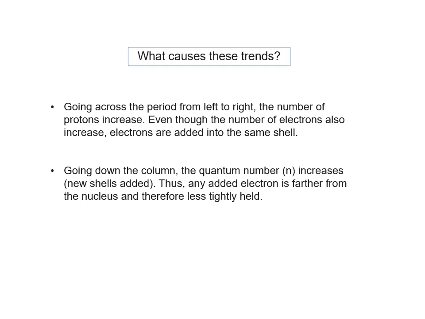But then as we go down the column, the quantum number increases, meaning any electrons that get added go into a new shell. As a result of the addition of these new shells for each row that we go down, the added electrons are farther from the nucleus, and therefore they're going to be much less tightly held. So we're going to be looking at these two different effects and seeing how they actually influence these periodic trends that we're going to talk about.